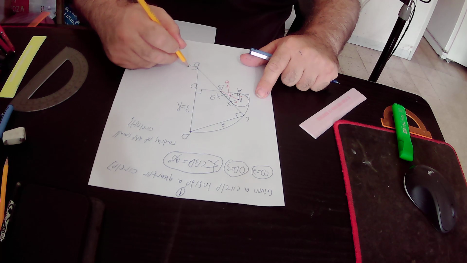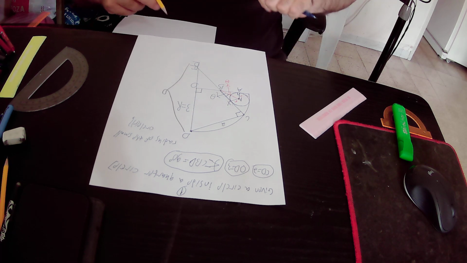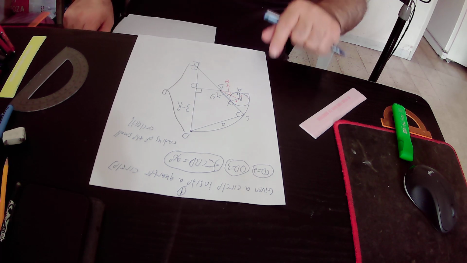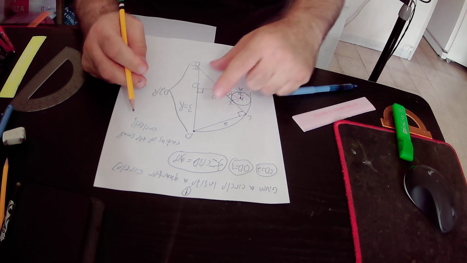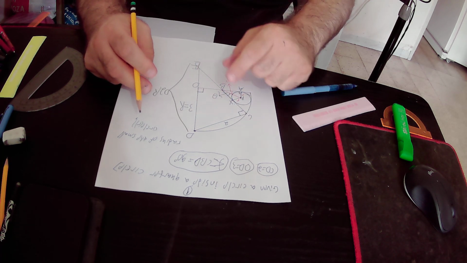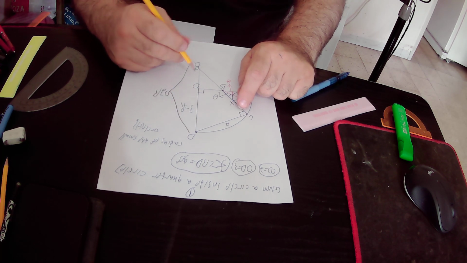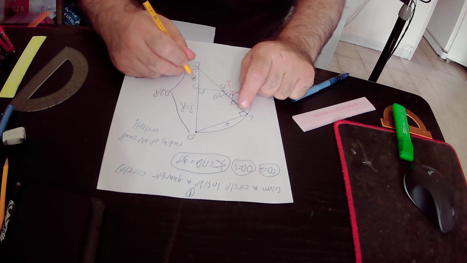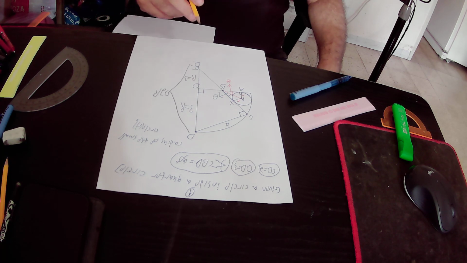DE equals 2R because any diameter is equal to 2 times the radius of the circle, and we know that DO equals R. So OE equals DE minus DO, that is 2R minus R, so OE equals R, and R equals 3 units. Okay, so OE also equals 3 units, that is the radius of the quarter circle.